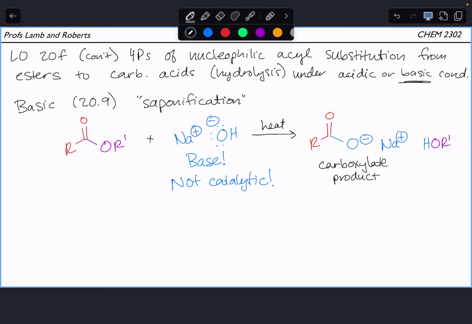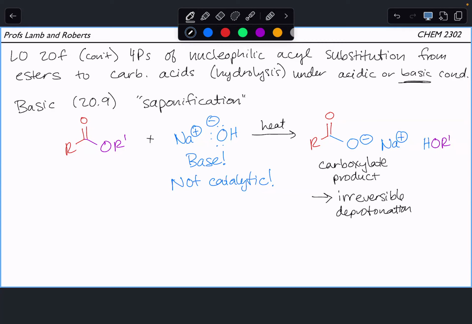Okay, so we know we have to get the carboxylate product because we're under basic conditions, right? You can't just have a carboxylic acid existing under basic conditions. It will immediately get deprotonated because of the low pKa of that carboxylic acid. So that's why we get to that carboxylate. And that is the reason why this reaction is irreversible. We have an irreversible deprotonation at the end of the reaction, which drives it forward.